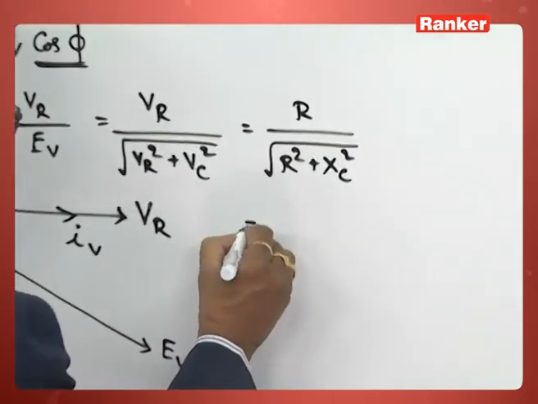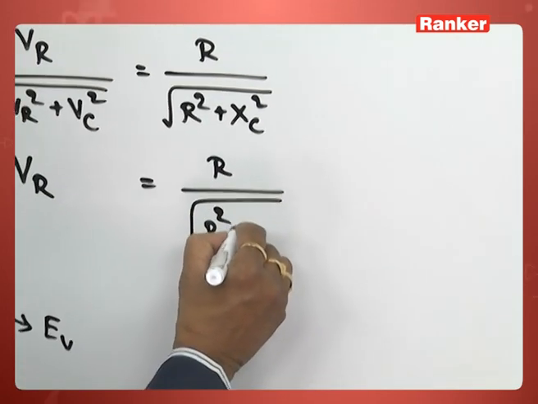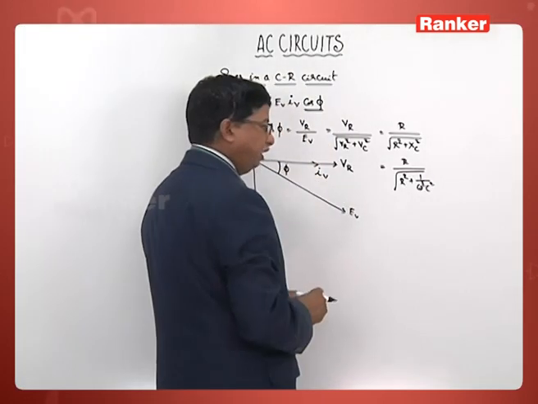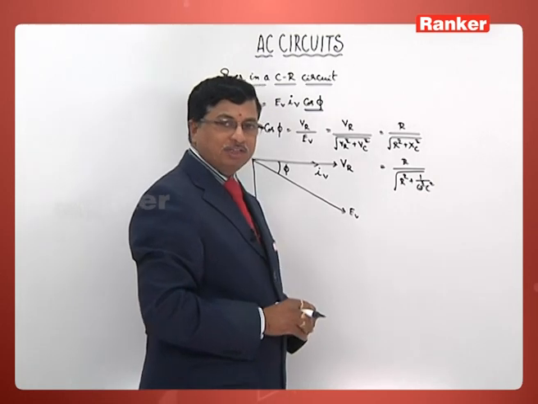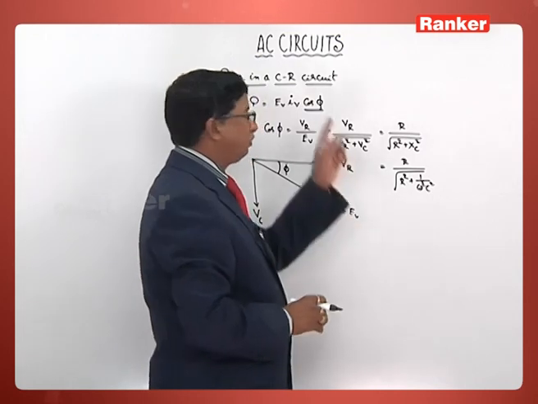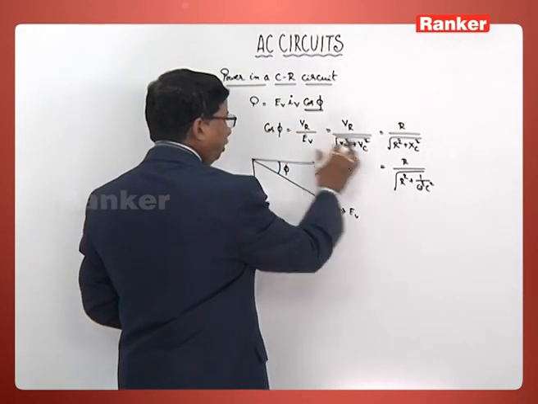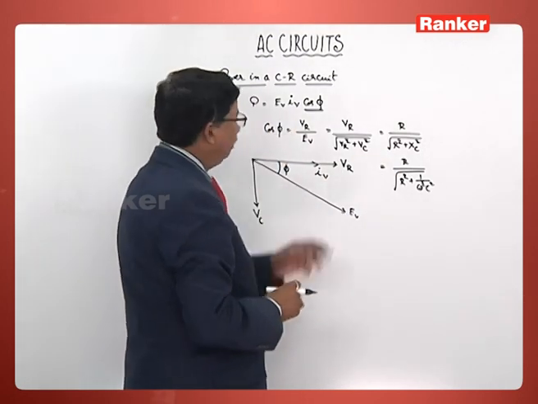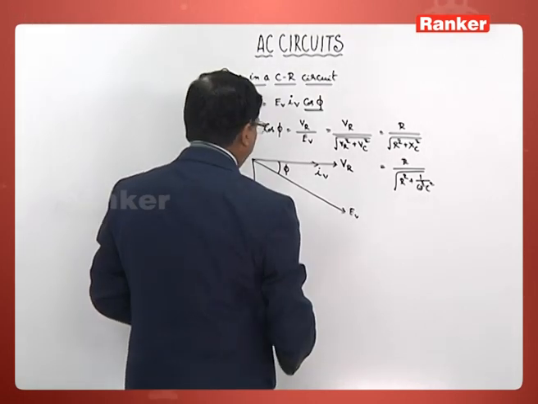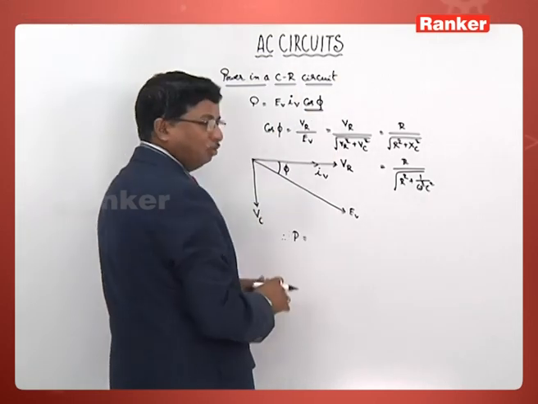Therefore, I can rewrite the same equation this way: R by root over R square plus 1 by omega square C square, where omega is the angular frequency and C is the capacitance connected in the circuit, taken as a CR circuit here. This represents the value of cos phi, which is to be called the power factor. So considering this value, what is the power across this CR circuit?